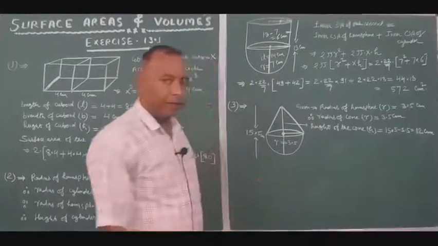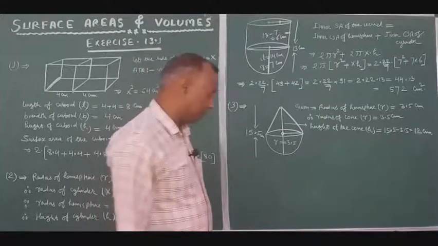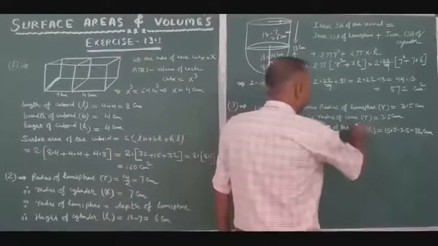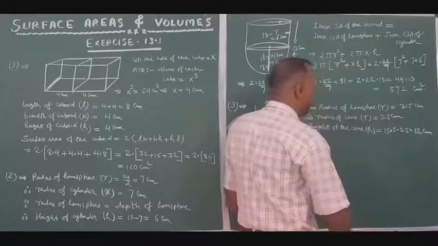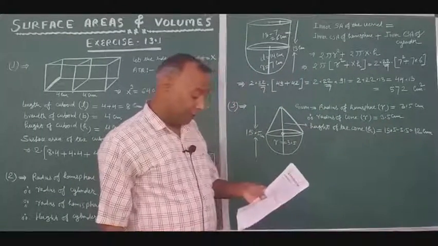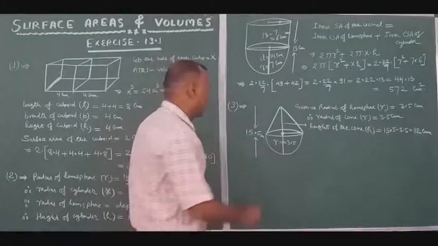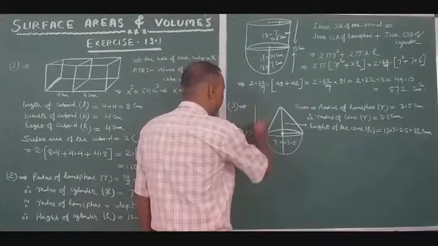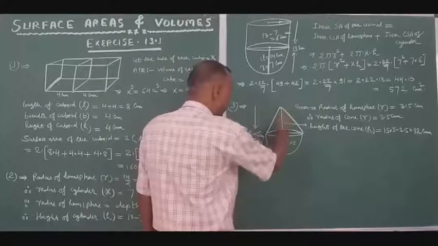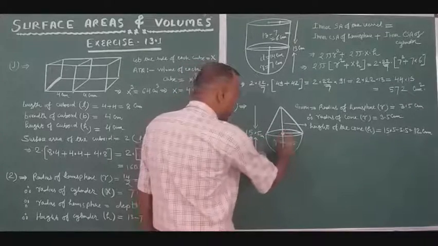It is given that the radius of the cone is equal to the radius of the hemisphere. Therefore, the radius of the cone r will be 3.5 centimeter. One more thing: the total height of the toy, from here to here, is 15.5, and this height is 3.5.